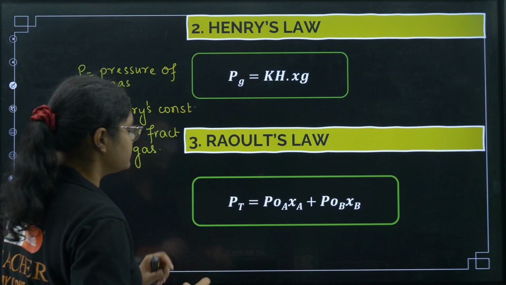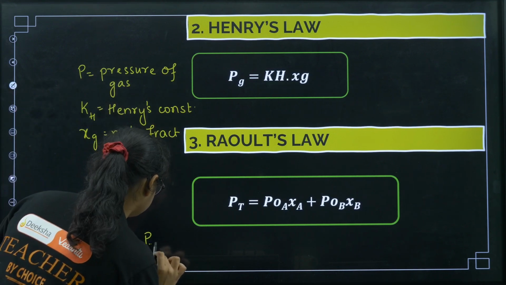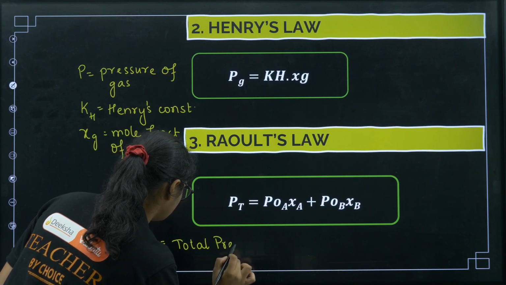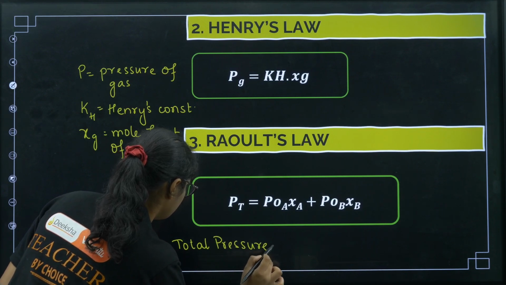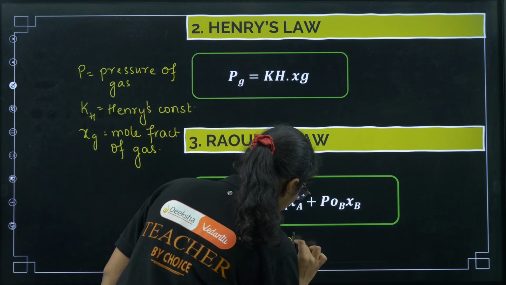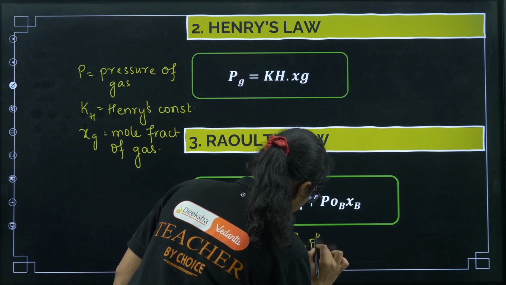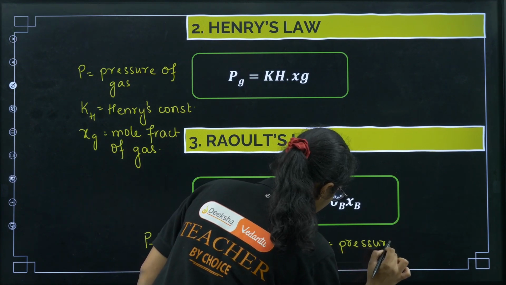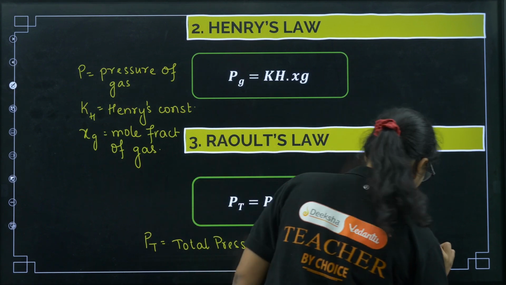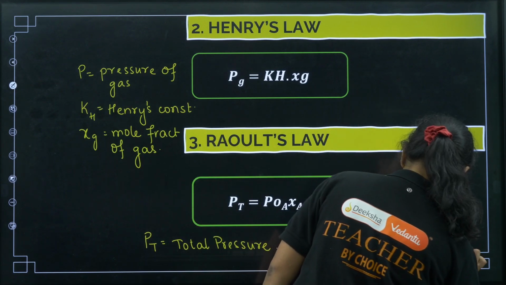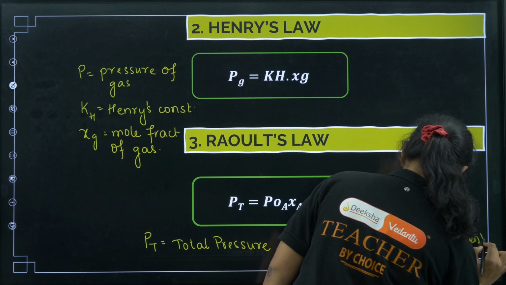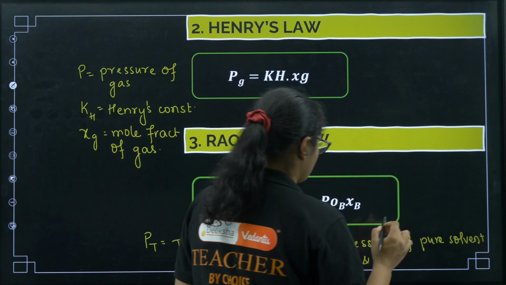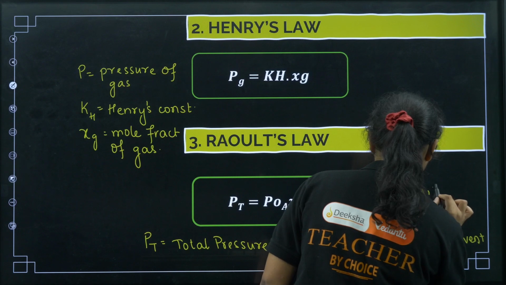Now Raoult's law. Here we have P total, that is the total pressure, and then we have P naught A and P naught B, the pressures of pure solvent A and B. And what are XA and XB?